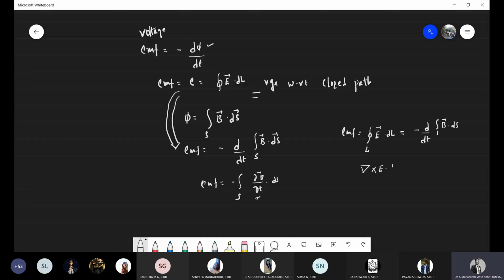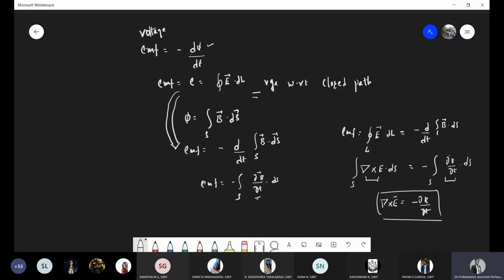So this becomes a surface integral, equal to minus the surface integral of ∂B/∂t into ds. Now if you equate the components, curl of E is equal to minus ∂B/∂t. So this is one of the most popular Maxwell's four equations.